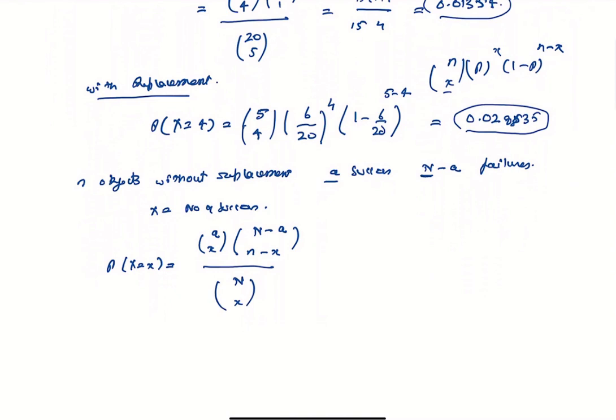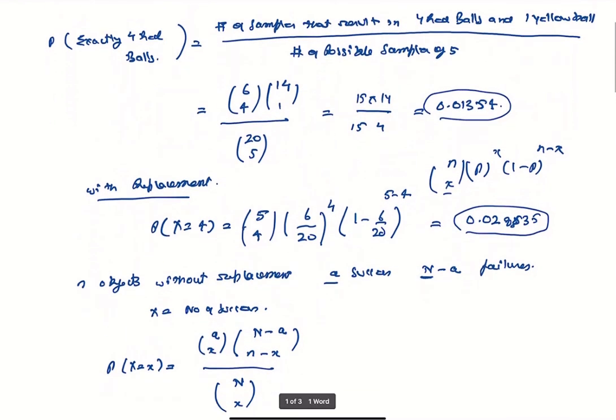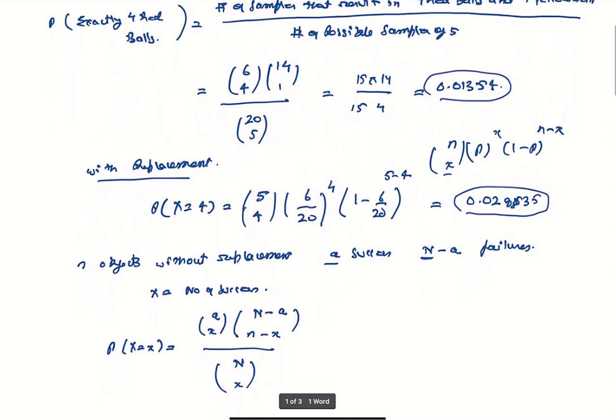Now it may look complex, but it's really just this. In the balls example we have up here, the successes a is 6, which is the total number of successes, and x is the number of successes in the trials, which is 4.